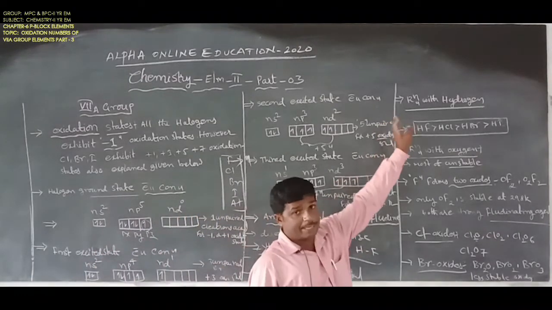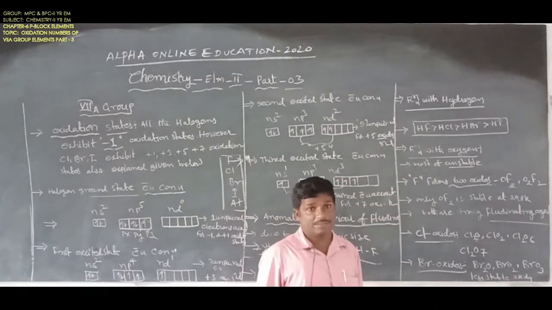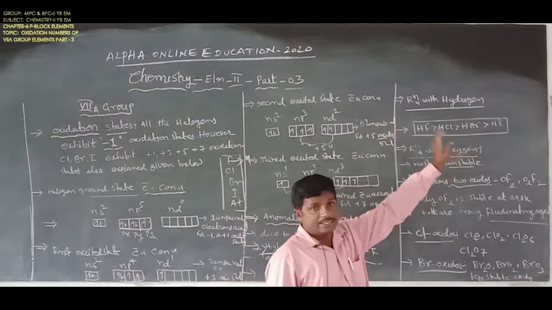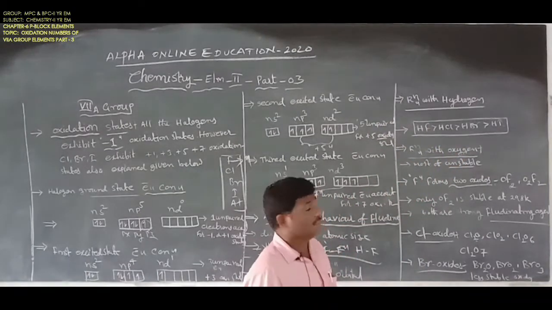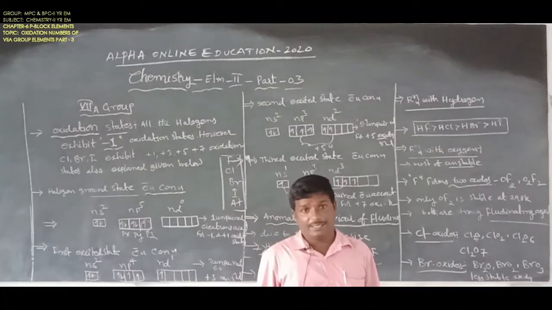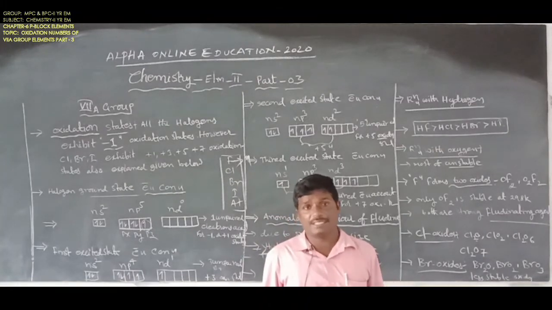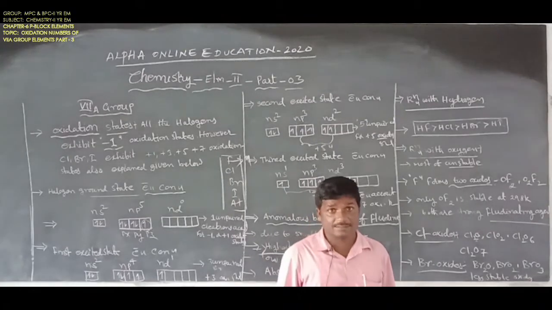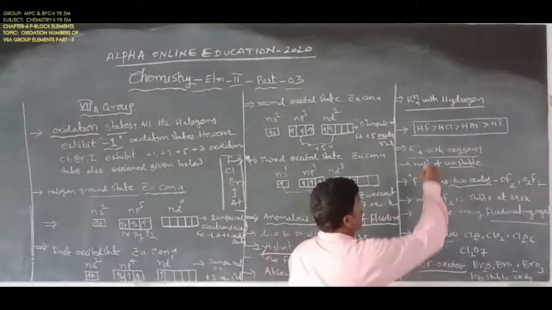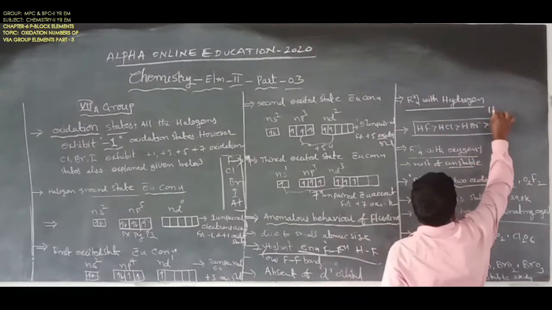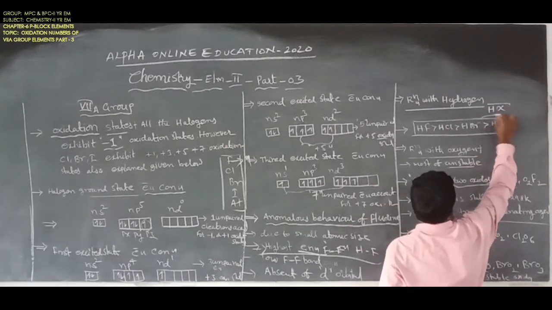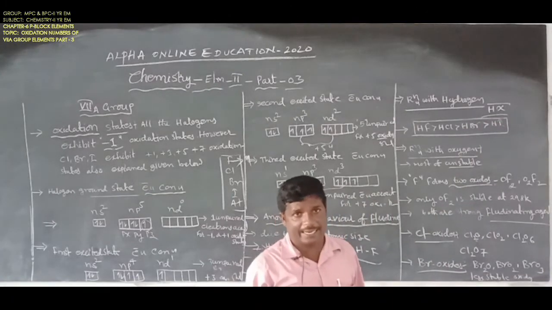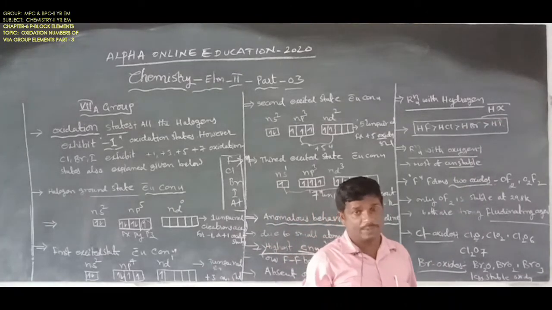Next, the chemical properties of the 7th group elements. The first one is the reaction with hydrogen. All the elements react or combine with hydrogen to form hydrogen halides, represented as HX, where X means the 7th group elements.